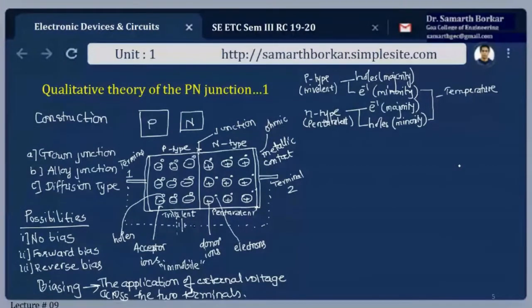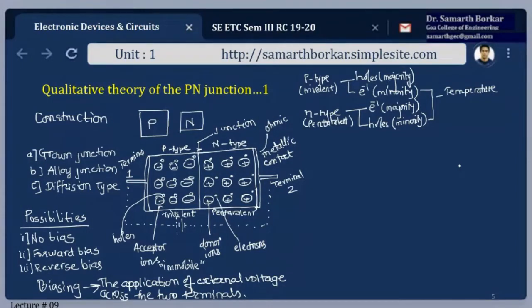So now this is the junction that we have. It is also referred to as a rectifier, since it permits the easy flow of charge in one direction but restrains the flow in the opposite direction. Now what will happen when we combine this p-type and n-type semiconductor?